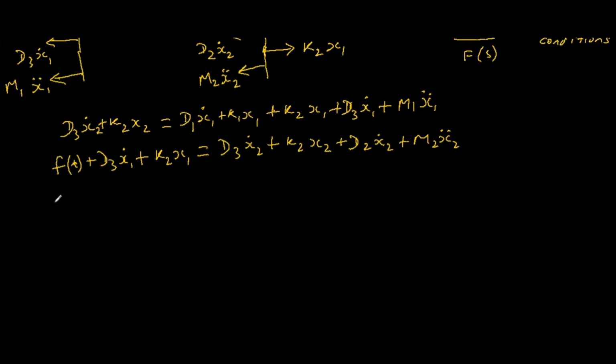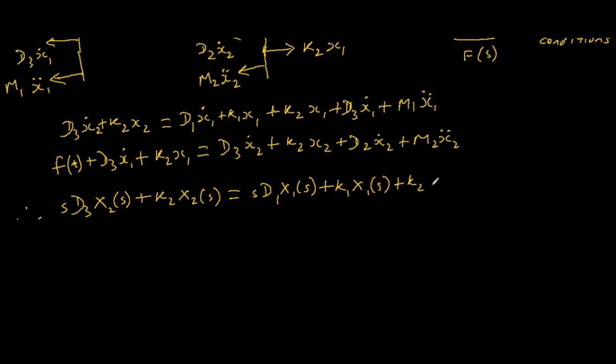So Laplace transform of the first equation gives us, for that d3, we have an s now. s d3 x2 of s plus k2 x2 of s is equal to s d1 x1 of s plus k1 x1 of s plus k2 x1 of s plus s d3 x1 of s plus s squared m1 x1 of s.